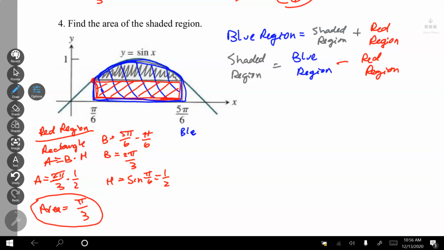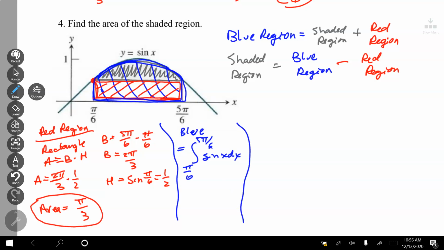So the blue region is going to equal the integral from pi over 6 to 5 pi over 6 of sine of x dx. That's what we've been working on. So my shaded region is going to be the integral of sine of x dx from pi over 6 to 5 pi over 6 minus this red region, which I just figured out was pi over 3.